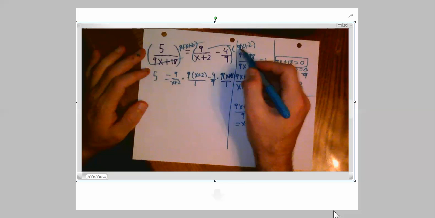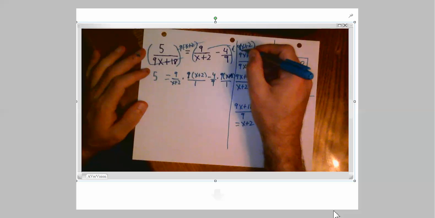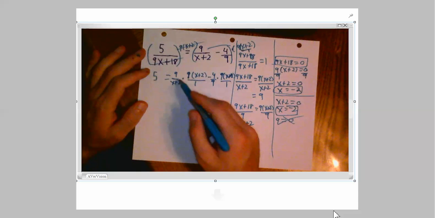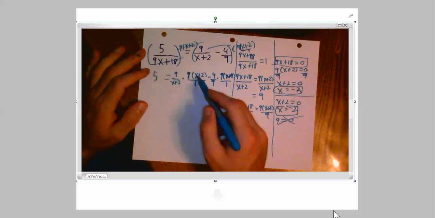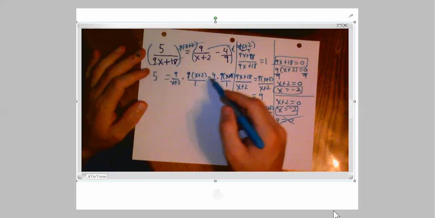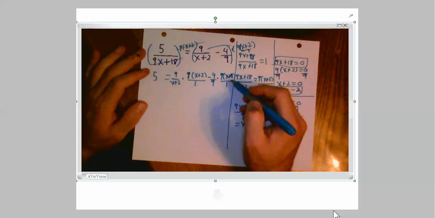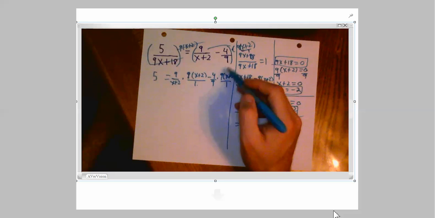So I just took 9 times x plus 2, and there's always a 1 on the bottom, and I multiplied it by 9 over x plus 2. Then I take 9 times x plus 2 over 1 and multiply it by negative 4 over 9 to get this.